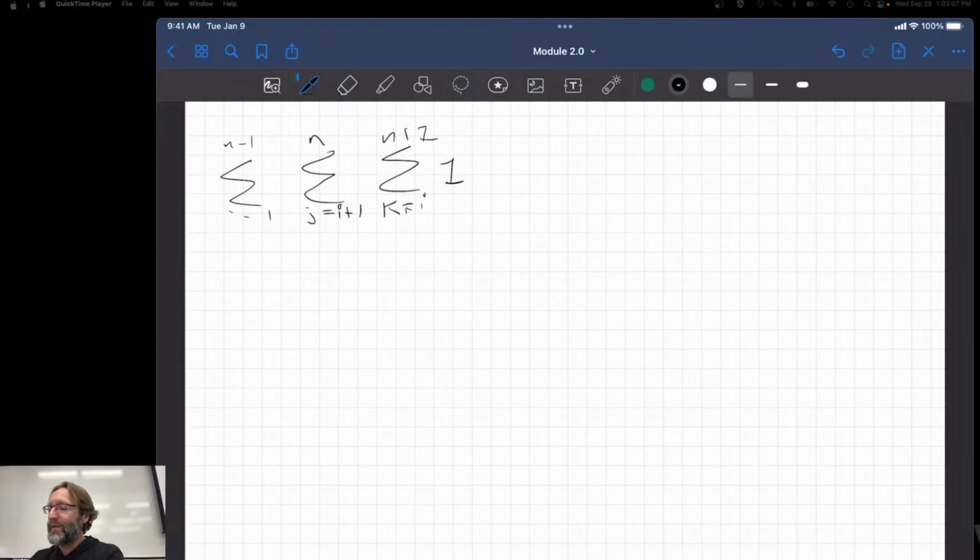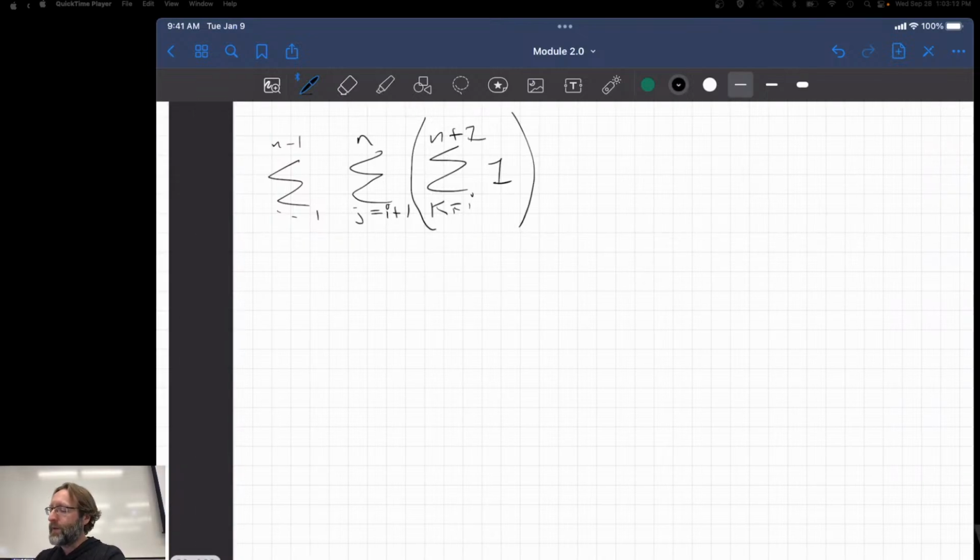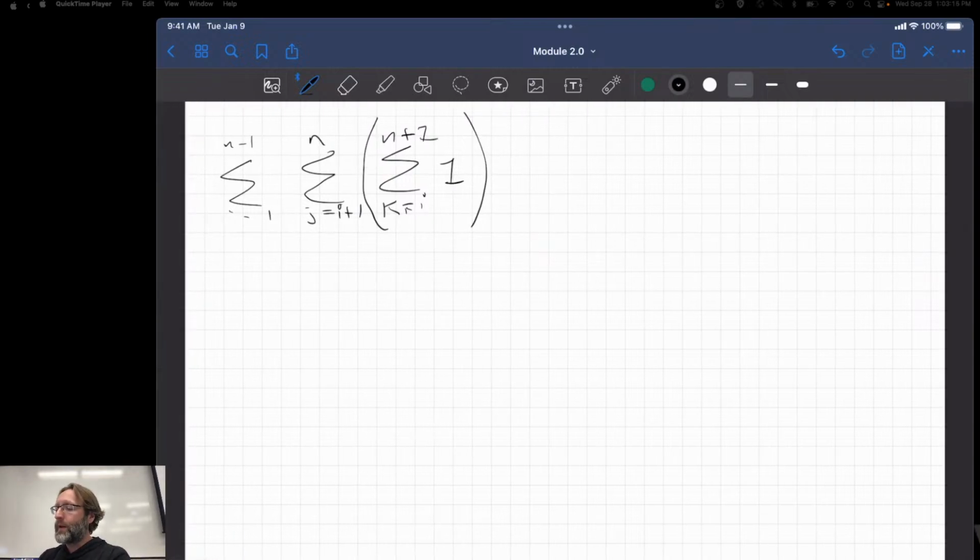Okay, let's solve it. Let's solve the inner part first here. That was a plus, right? Okay. Didn't get copied over. So let's just solve this part here. 1 plus 1 plus 1 plus 1. How many times? Careful. You start at i and go up to n plus 1. So this is going to be n plus 1 minus the things that you didn't add, which is i minus 1, right? Because you are adding i plus 1, i plus 2, i plus 3, right?